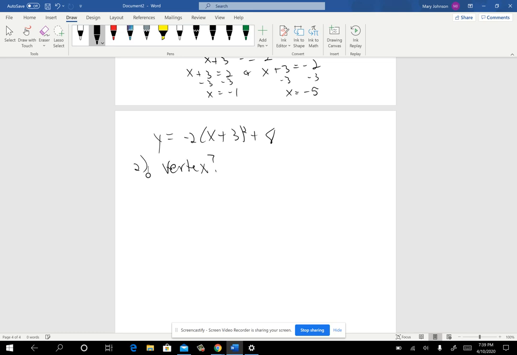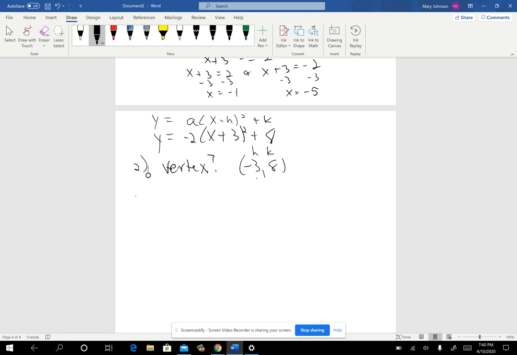If that's the case, this is the best way to have it, because the vertex is just (-3, 8). What you do is compare it to the form they give you, which is a(x - h)² + k. And you say, oh okay, h has to be -3 and k has to be 8, and that's it.